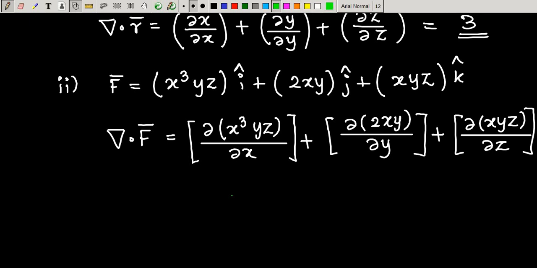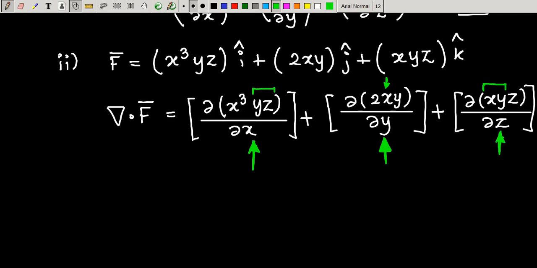While calculating the partial derivative with respect to x, we treat x as our variable, and y and z can be treated as constant. The same is the case while calculating the partial derivative with respect to y, where we treat x as constant. While calculating the partial derivative with respect to z, we treat x and y as constant.